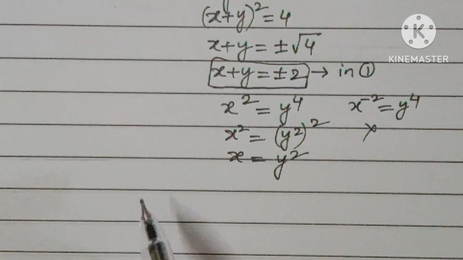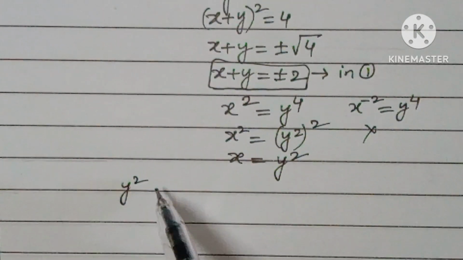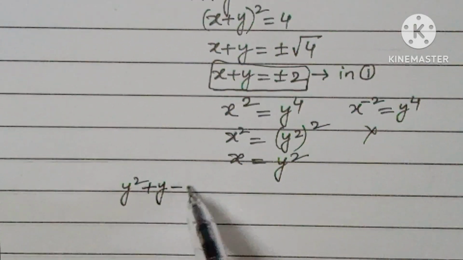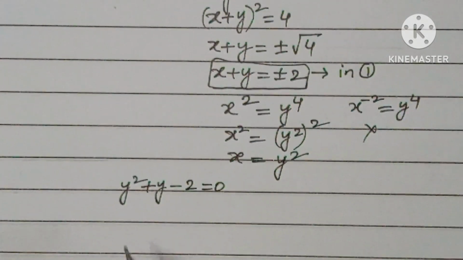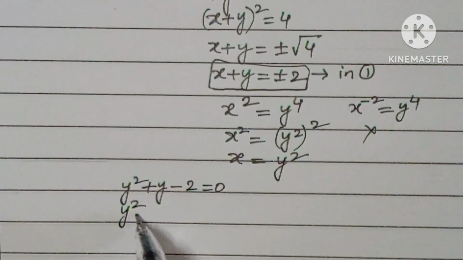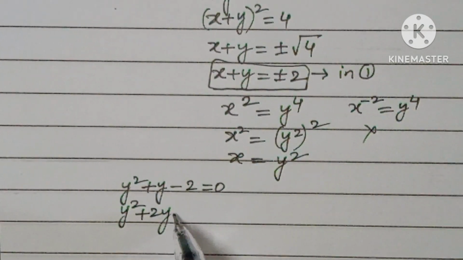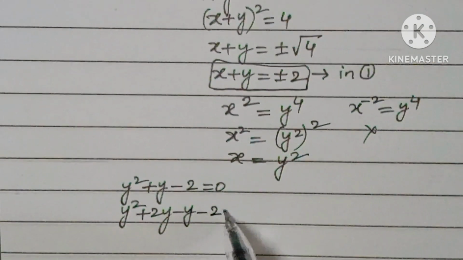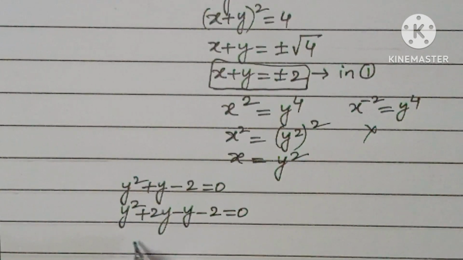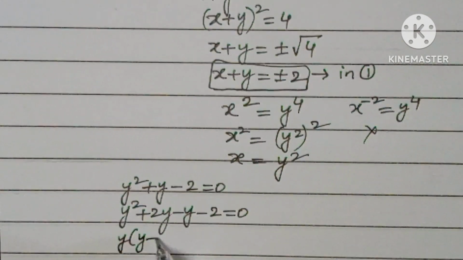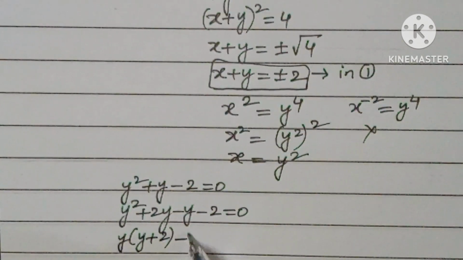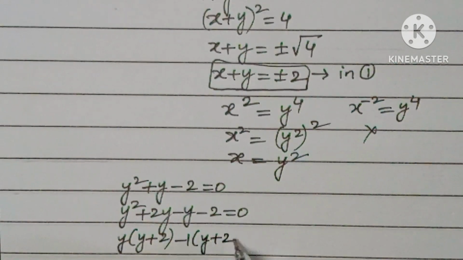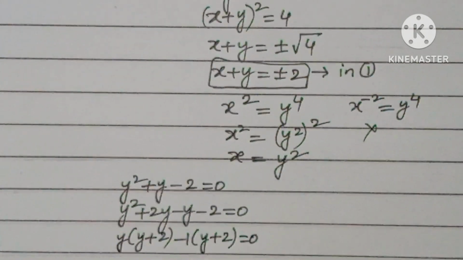So here you'll get y square plus y minus 2 equal to 0. Y square plus 2y minus y minus 2 equal to 0. Y into y plus 2 minus 1 into y plus 2 equal to 0.